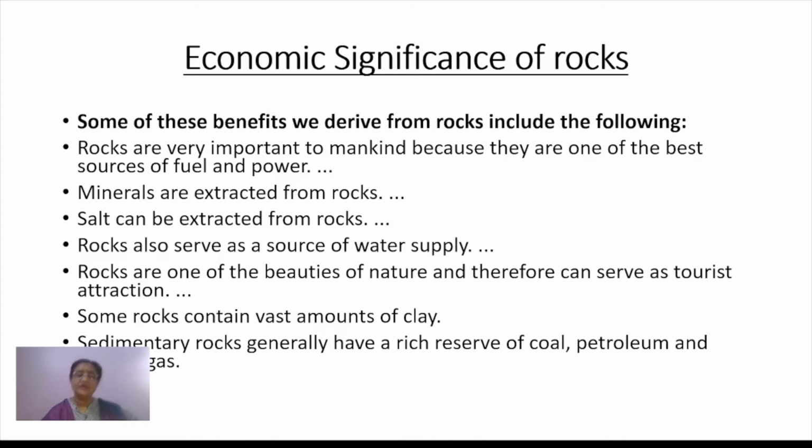When we say economic significance, it means these are used for construction purposes, right? Even for the formation of cement, limestone and such rocks are used in large amounts. So for construction purposes it is used in both ways. For construction of roads also it's used, right?